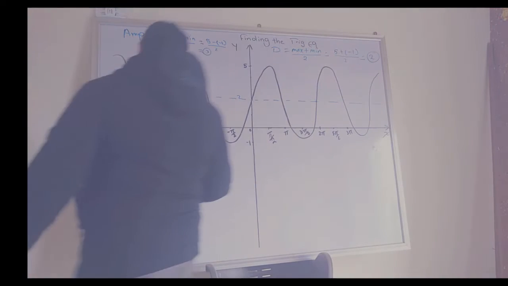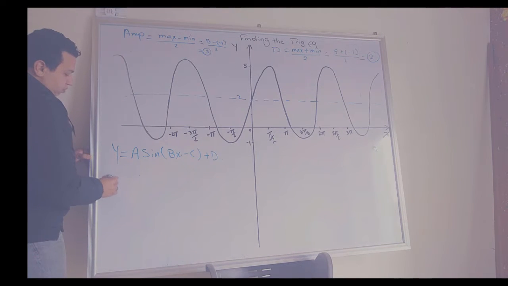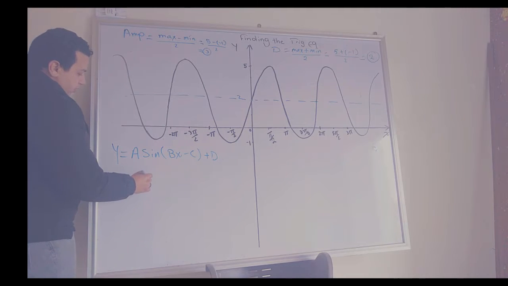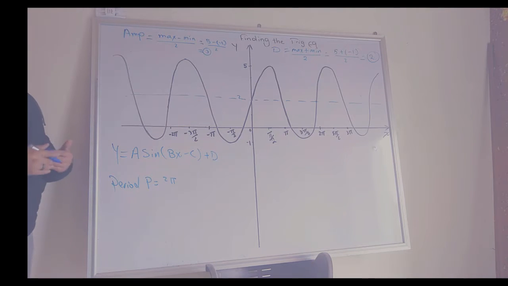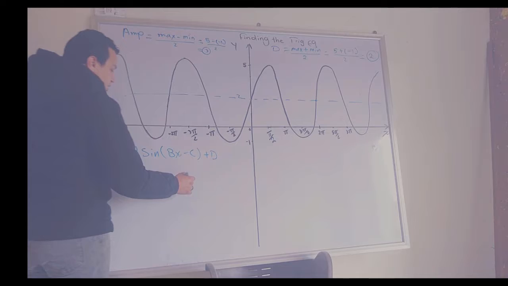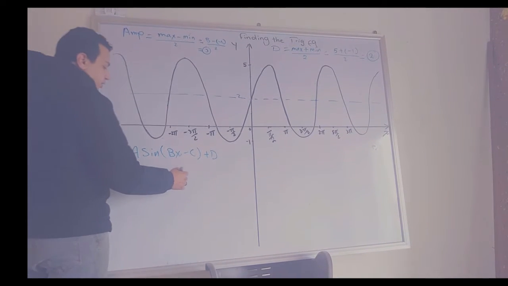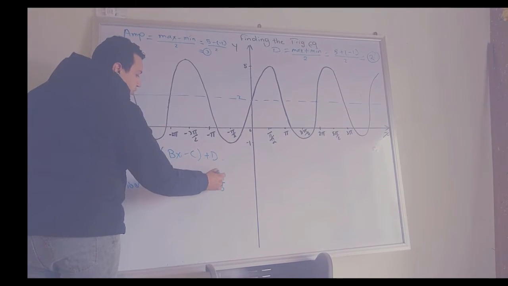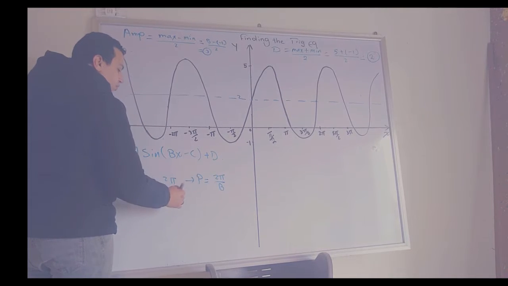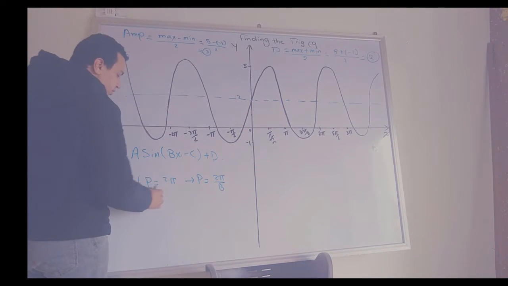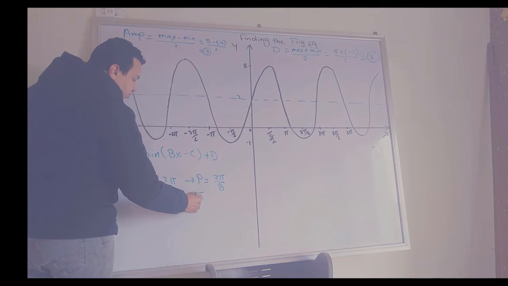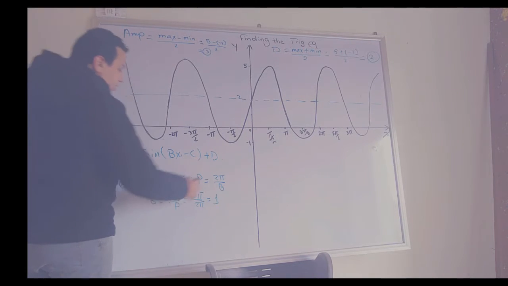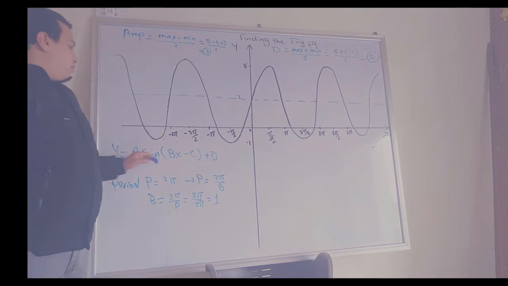My period P equals 2 pi. If you return to the formula we used before, P equals 2 pi over b. Consequently, b equals 2 pi over P, which equals 2 pi over 2 pi, which is equal to 1. Then b equals 1. We have a, b, and d.